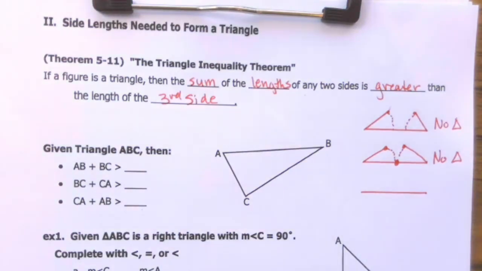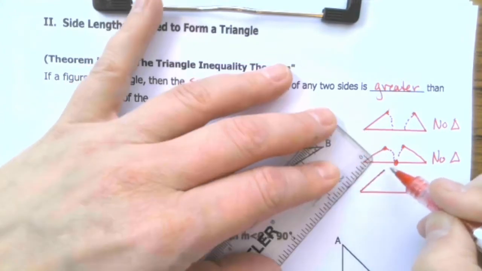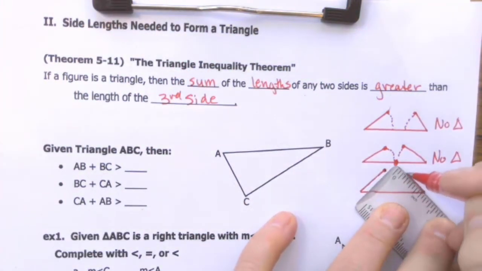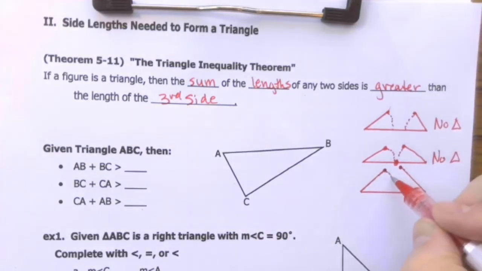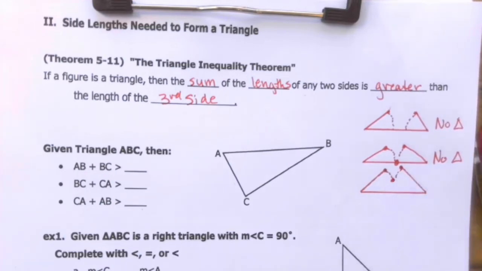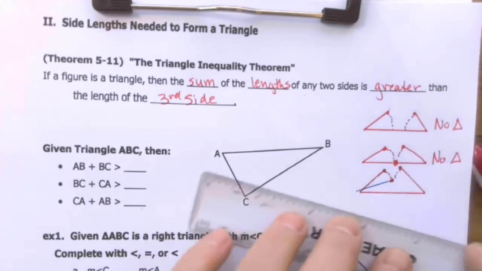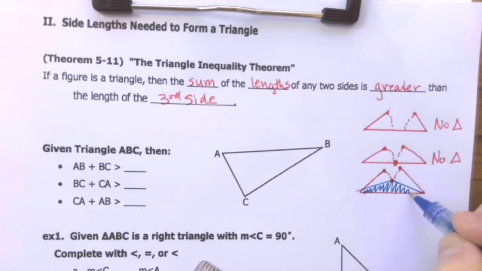The only situation that will get a triangle is if the sum of the two sides is greater than the third side. Because what will happen, as you see here, is they can actually meet up at a point outside the third line and make a triangle.